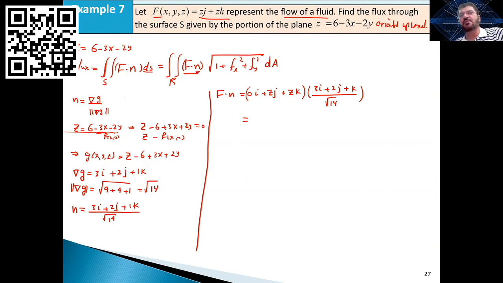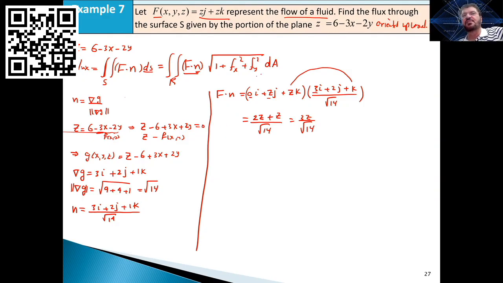How do you multiply? Remember, the first by the first. 0 times 3 is gone. Now z times 2 is 2z, plus z times 1 is z, divided by the square root of 14, which is 3z over the square root of 14. This is F dot N now.